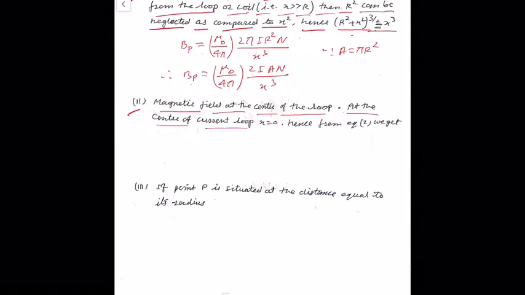Second, magnetic field at the center of the loop, at the center of the current loop x equal to 0.